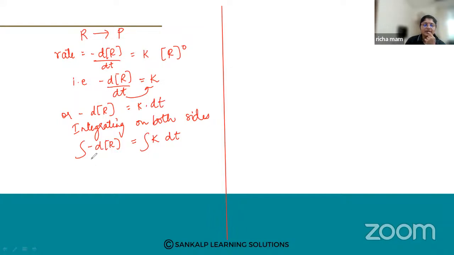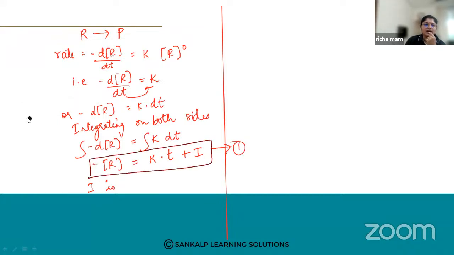Integration of minus dR is minus R, and integration of k dt is kt plus I. So this is your equation number 1, the integration 1. I is the constant of integration.